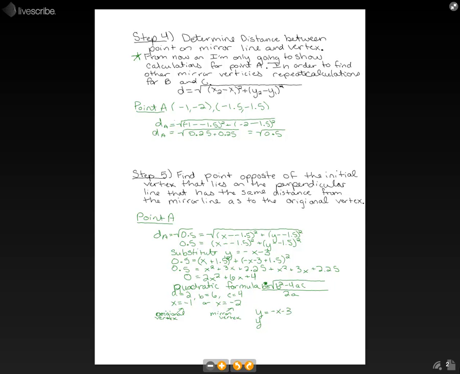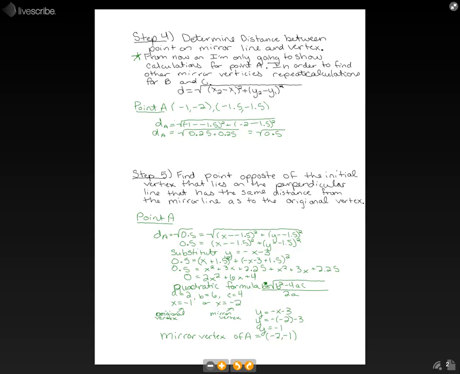If we substitute in the negative 2, we have y equals negative negative 2 minus 3. And when we solve this out, we'll have y equals negative 1. So our mirror vertex of A is going to be at negative 2 comma negative 1.